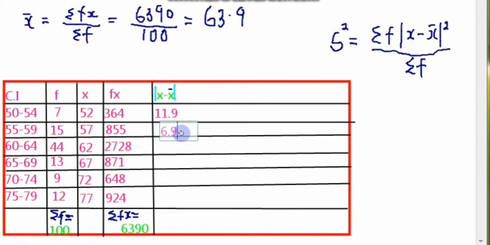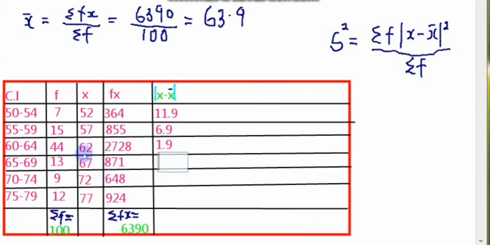In the next row, we have 62 minus 63.9, which is minus 1.9, but the absolute value changes it to positive 1.9.